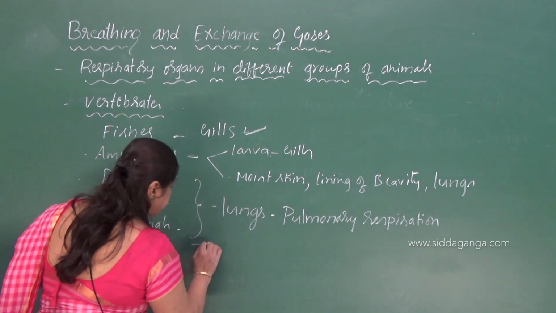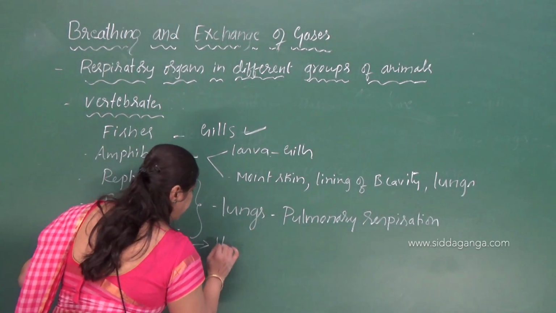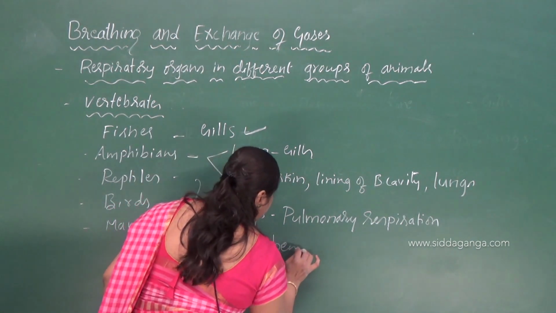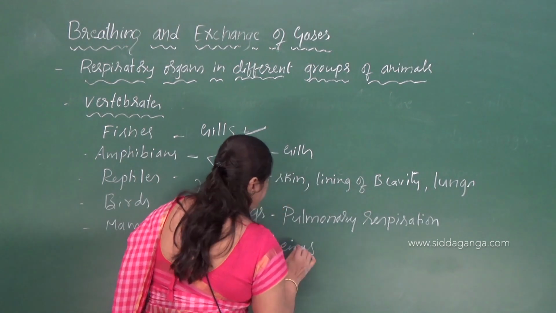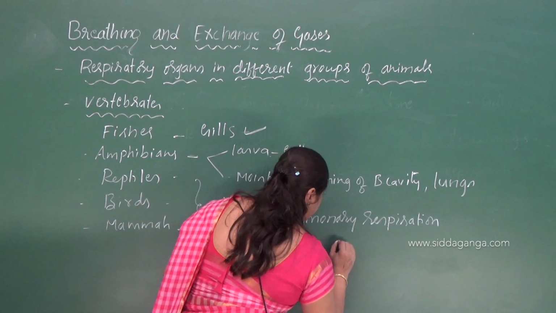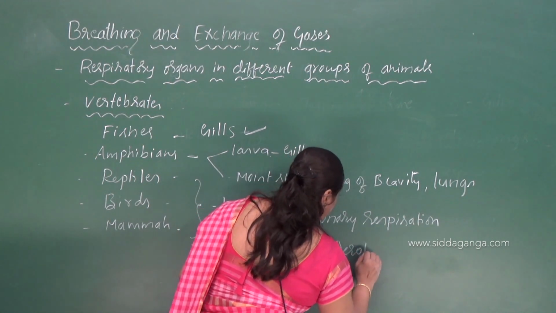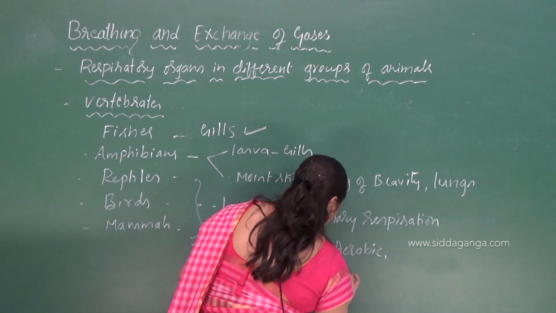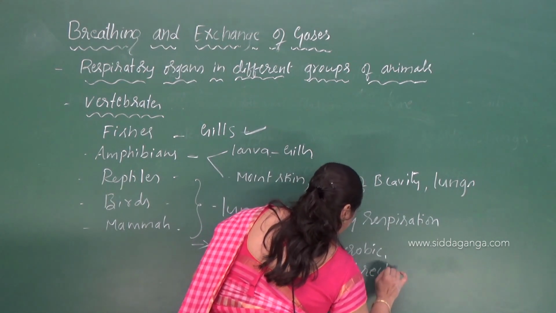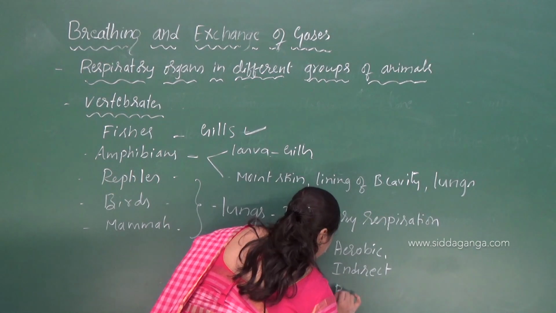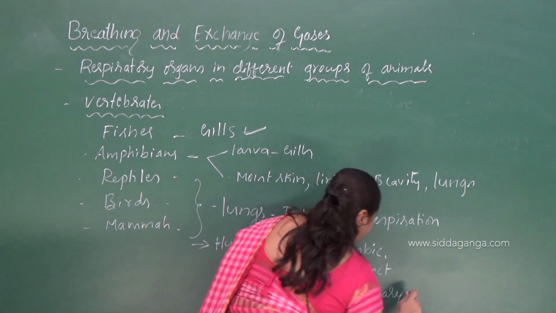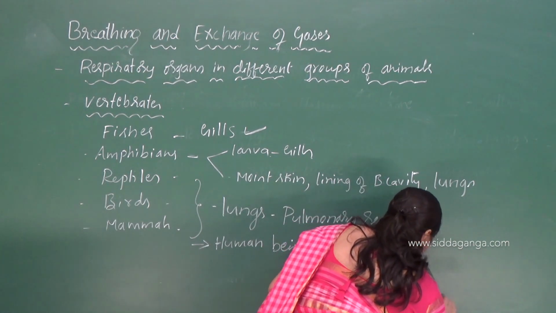See, in human beings, the type of respiration is aerobic, indirect, and pulmonary respiration.